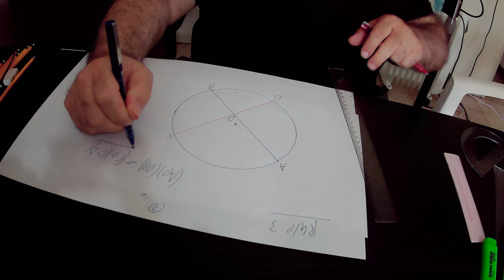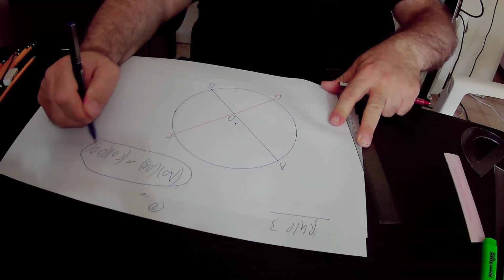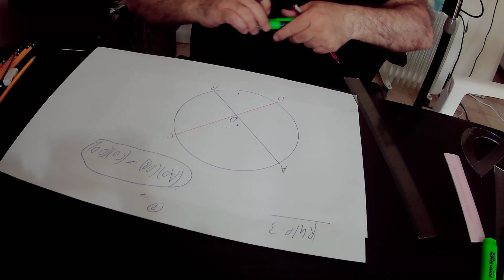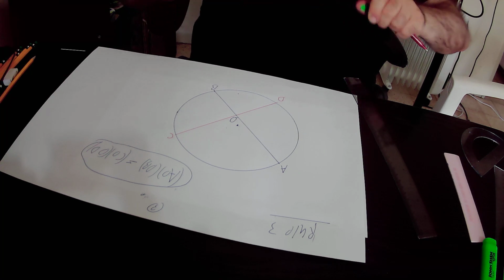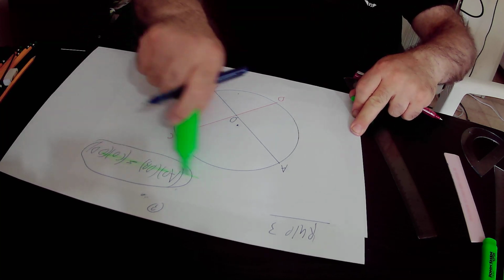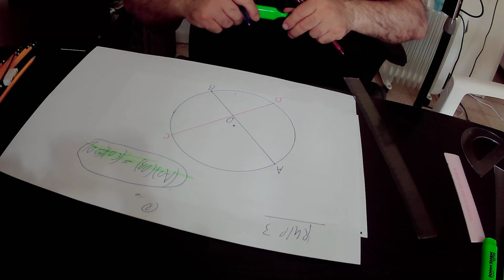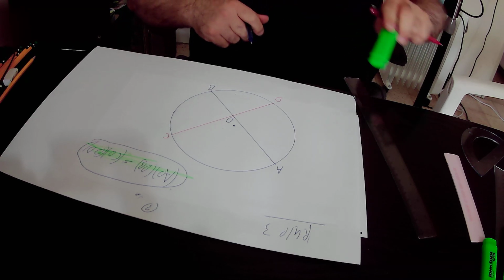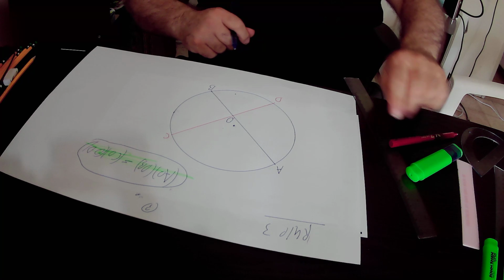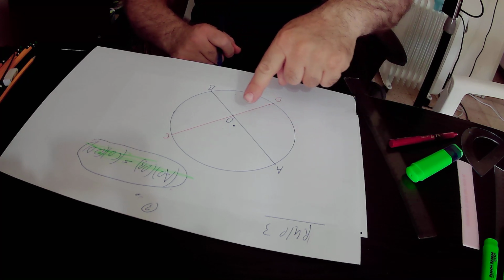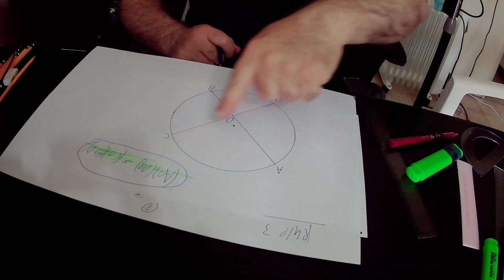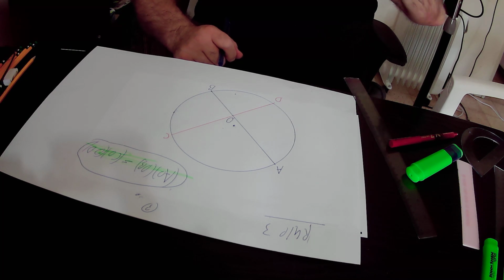I repeat again. Whenever two chords intersect with each other inside the circle, then the following relationship exists between their parts: AO times OB equals CO times OD.